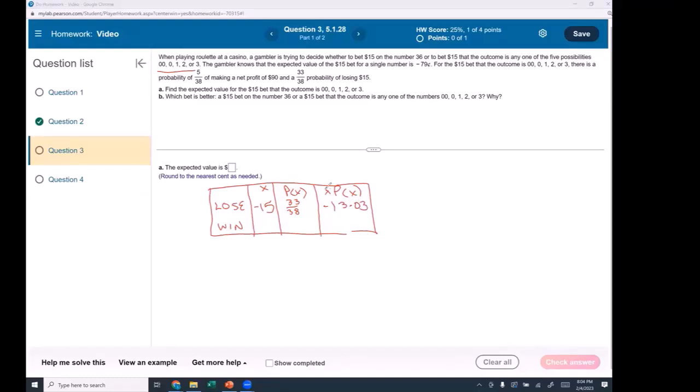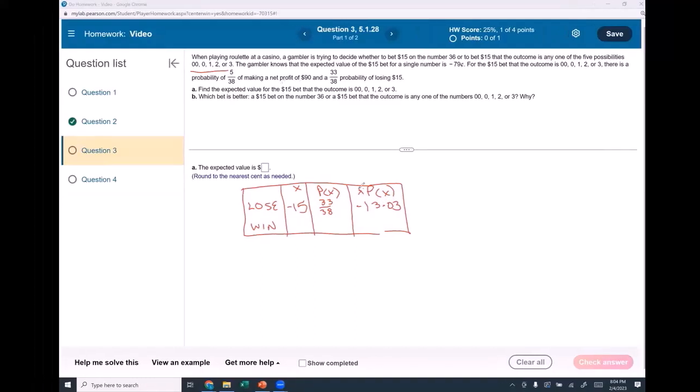If I win, that means I win $90. And that equals positive 11.84. I sum these. My expected value should be negative $1.19, rounded to the nearest cent.